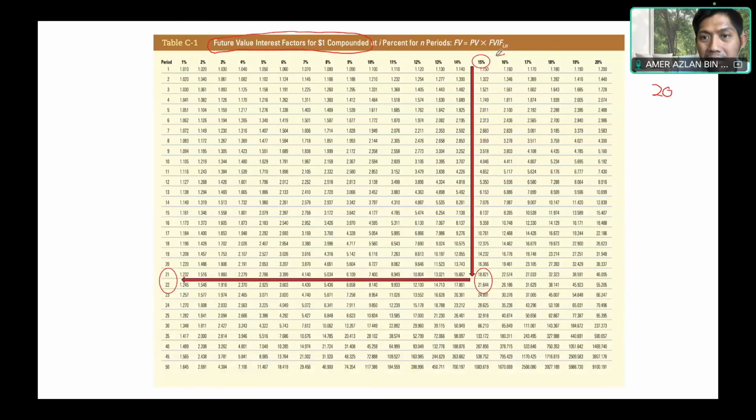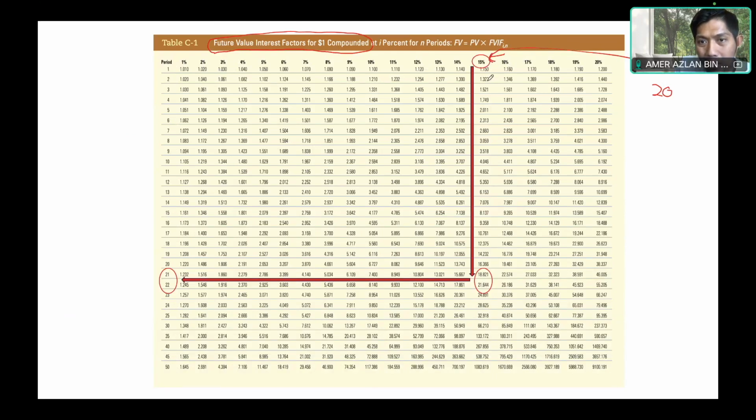So what we have to do, we refer here. This is the interest. This side here tells you in percentage, which is the interest. This side here is the period side, or the number of years or months. So we know the interest is 15%, so we refer here 15%.